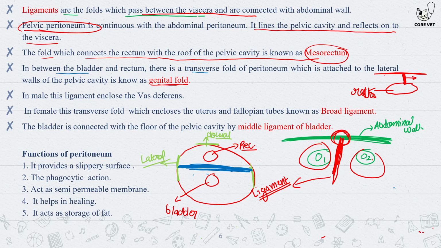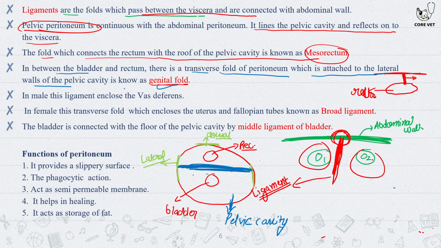It is attached to the lateral wall of the pelvic cavity. You all know this is the pelvic cavity, and these are the lateral walls of the pelvic cavity. So the peritoneal fold that is transversing the rectum and the bladder is known as the genital fold.